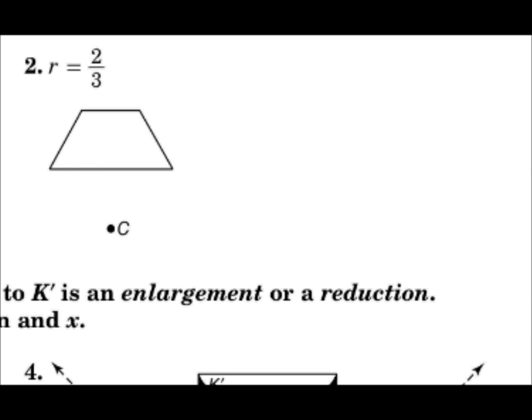Number 2, R is 2/3. Since R is less than 1, this will be a reduction. We will bring every segment back to the 2/3 mark. Just like before, draw from C to each vertex.